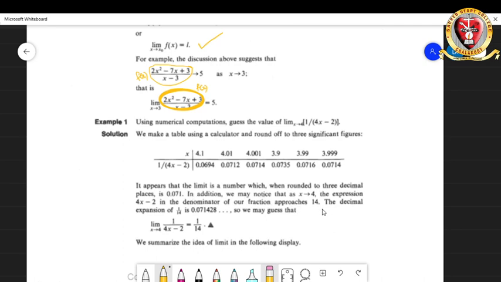In addition, we may notice that as x tends to 4, 4x minus 2 in the denominator of our fraction is approaching 14. If we observe it closely, you can understand that limit x tends to 4, 1 by 4x minus 2 is equal to 1 by 14. So you can guess it out by putting 4 here, right?